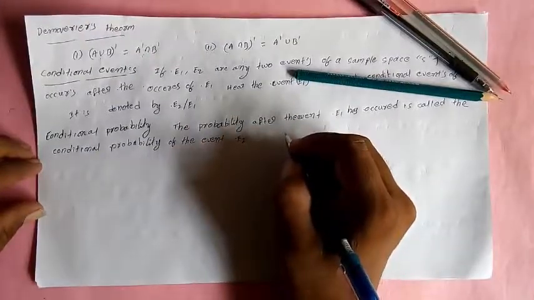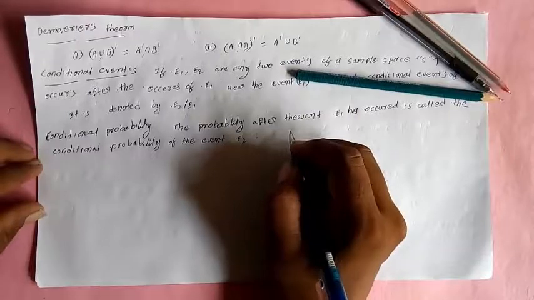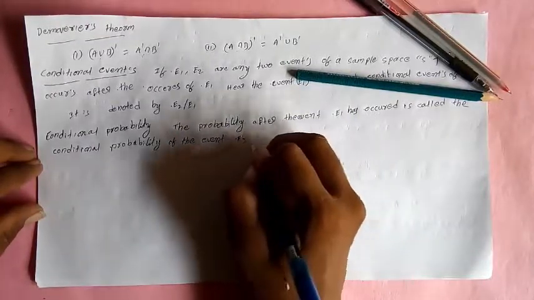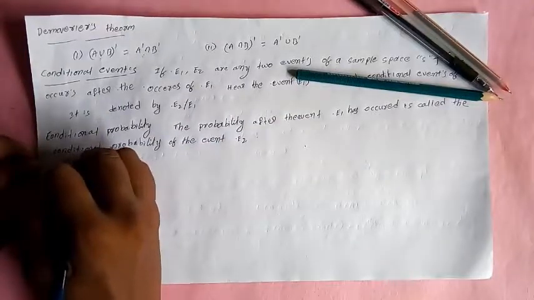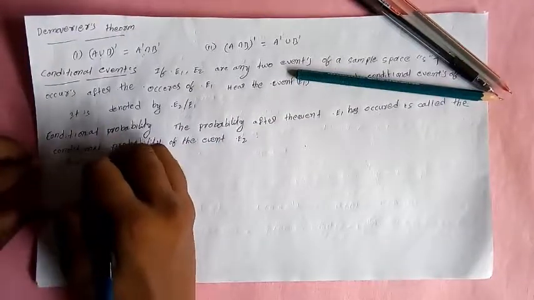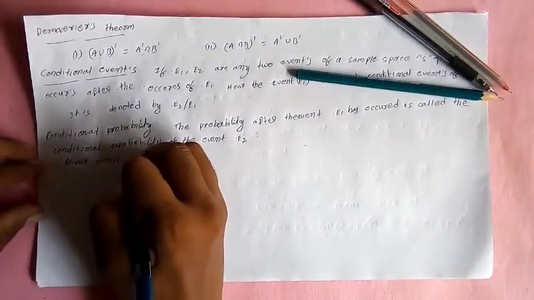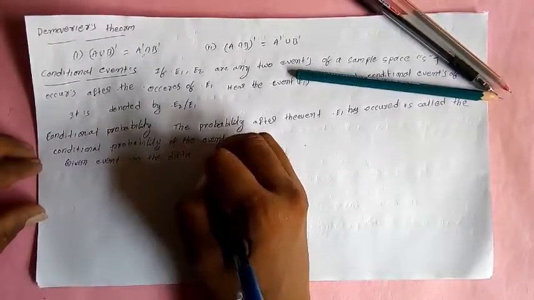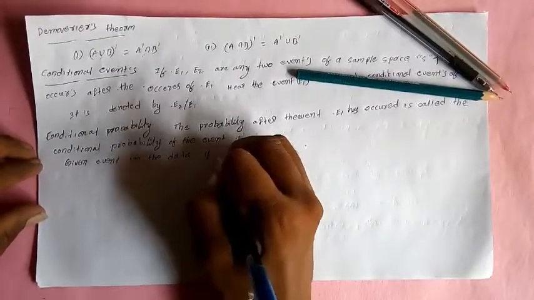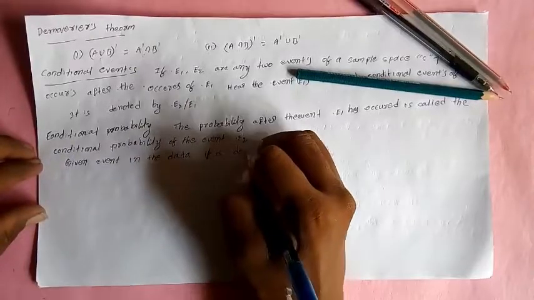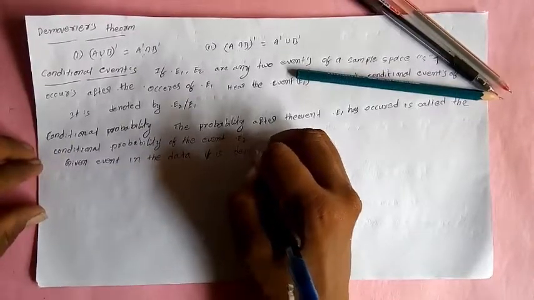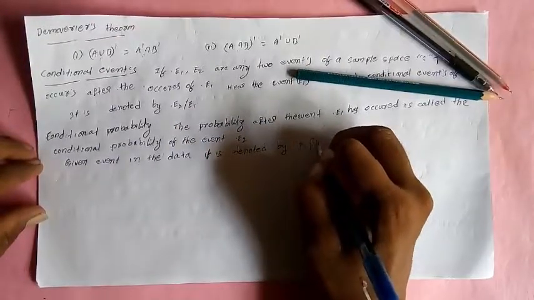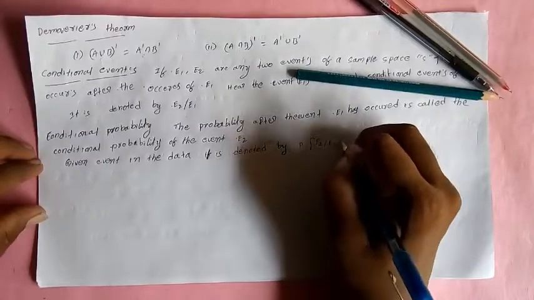Then, given the event in the data, it is denoted by P of E2 by E1.